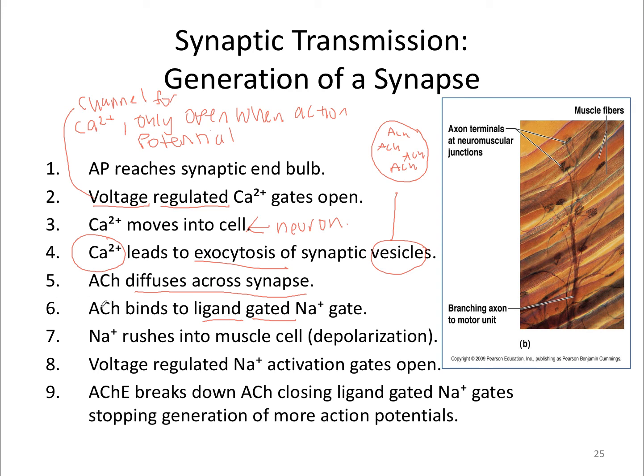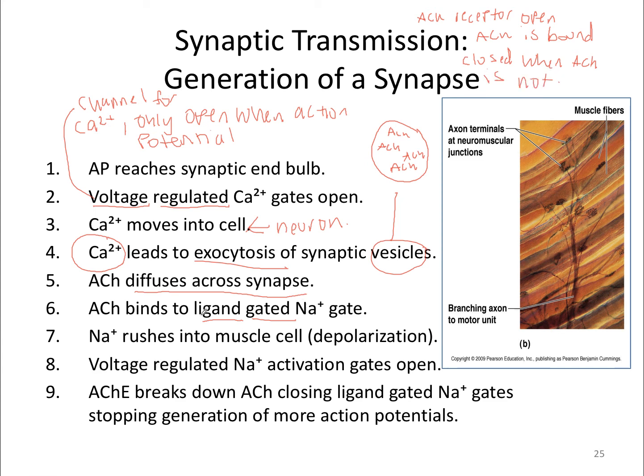So ligand-gated channels are channels that are only open when a particular chemical is bound to them. So for acetylcholine receptors, let's do this up here. ACH receptor is open when ACH is bound to it. Let's add a stick to this B. And closed when ACH is not.